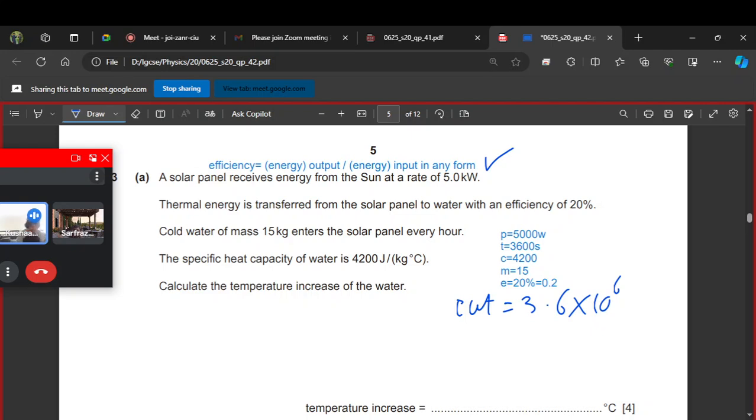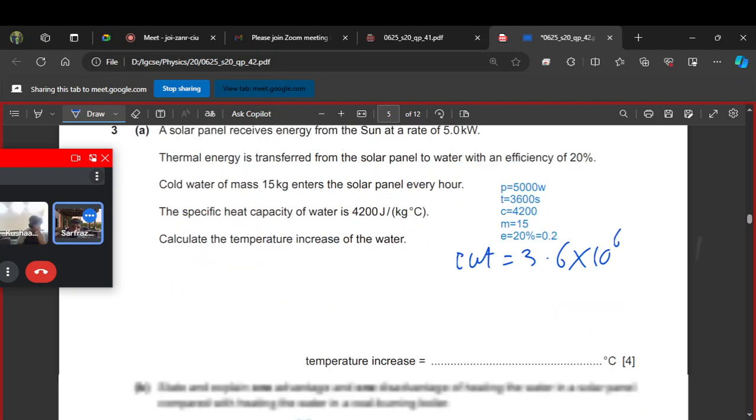So 3.6 million divided by cm. cm is 4,200 times 15, 63,000. So then we divide by 63,000. So our change in temperature is 57 degrees Celsius. 57. Let me check.